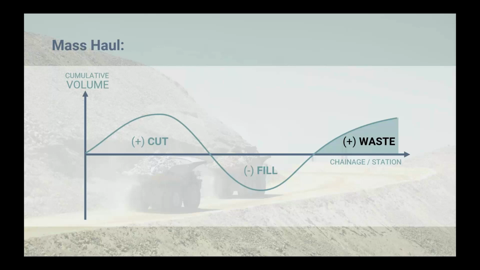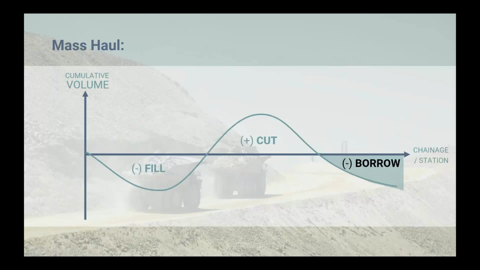The difference between the MassHaul between 2 points indicates volume of, in this case, you can see surplus or waste, which is a positive difference, or a deficit, negative difference, where you are required to borrow material.